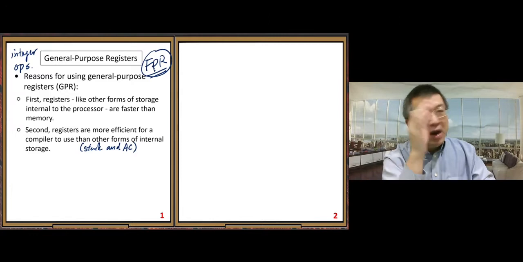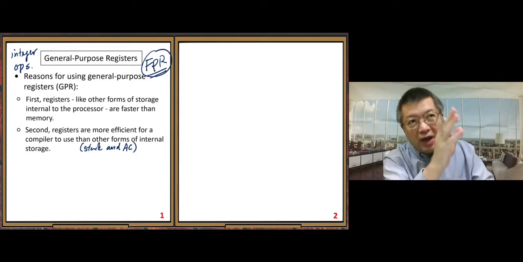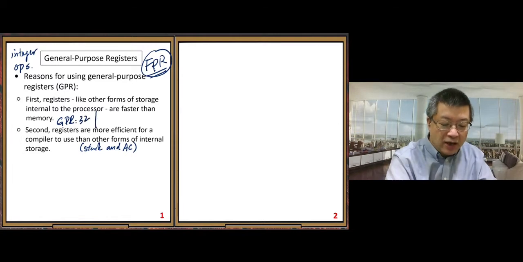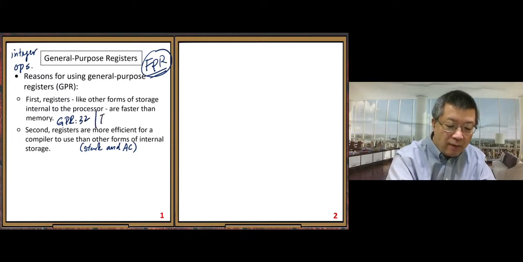We know there is a relatively large number of registers. For GPR, there are 32, I mentioned last time. FPR, another 32.